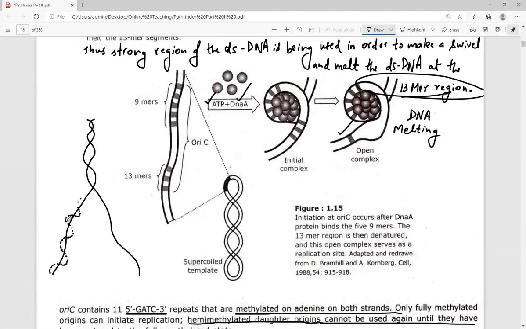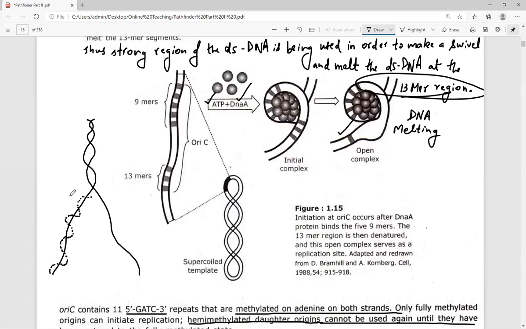When this is the parental DNA molecule, then what is going to happen? The new DNA molecule can be biosynthesized over the pre-existing DNA molecule by complementary base pairing.